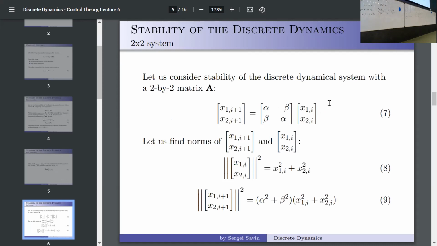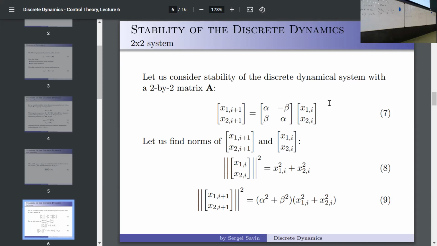But let's just see. So consider the complex case, the same as before, the 2 by 2 case. What you see here is a 2 by 2 system where x sub i plus 1 is equal to the matrix alpha, minus beta, beta, alpha times x sub i. We can find norms of those two vectors, x sub i and x sub i plus 1.